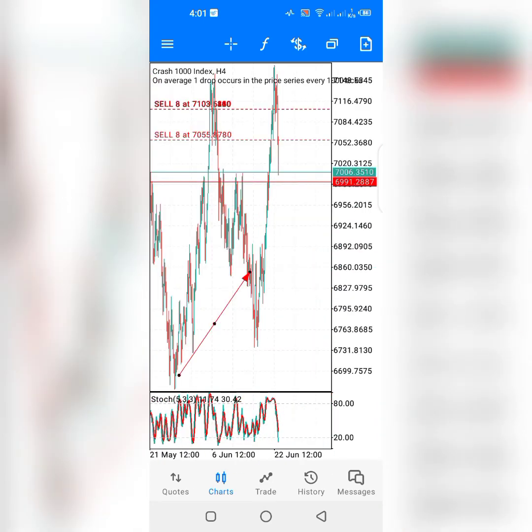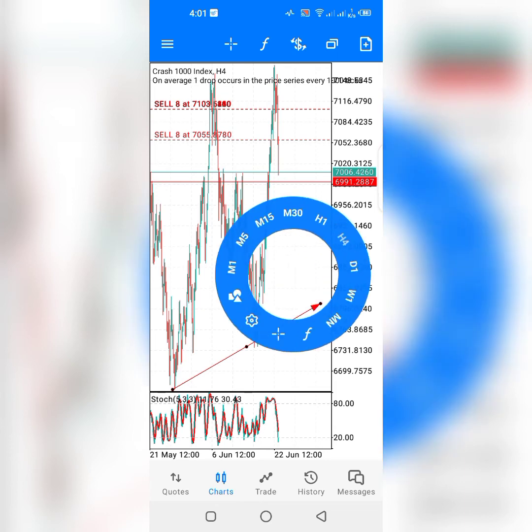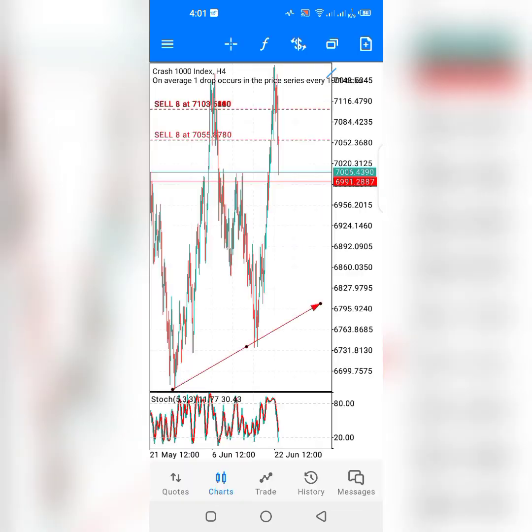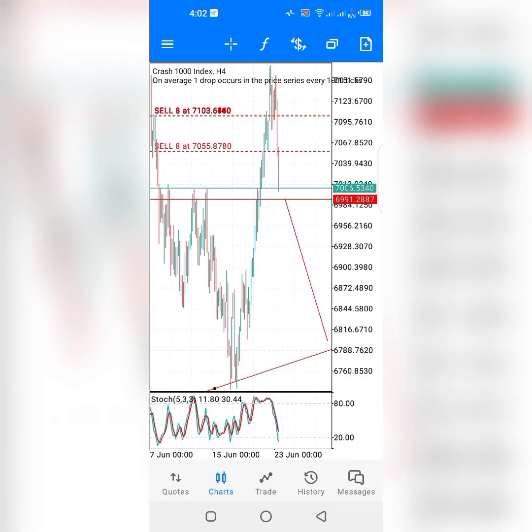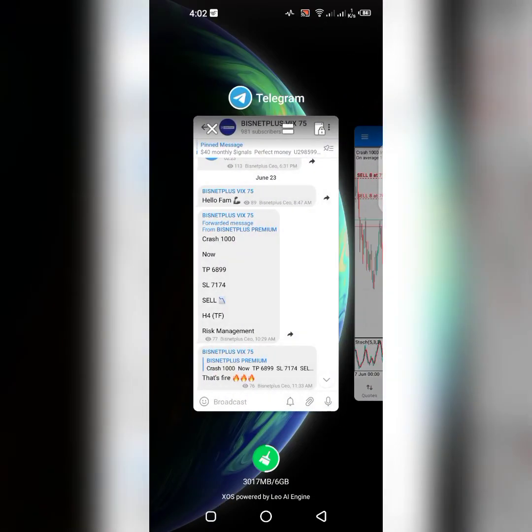And if I'm selling, like I've said, on D1 time frame the chart might come down to this point here before it starts going back up. So now you can see I set the TP at 6899.